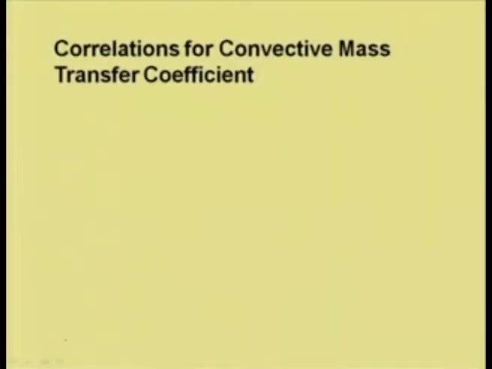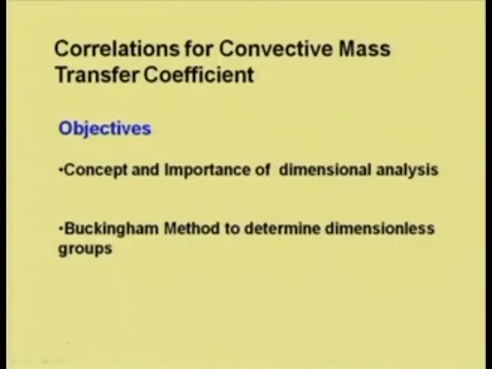Now, the correlations for convective mass transfer coefficients. So, what are the objectives for this? It is to explain the concept and importance of dimensional analysis for the experimental data and to obtain useful correlations, and how to use the Buckingham method to determine the dimensionless groups involved for a particular system.